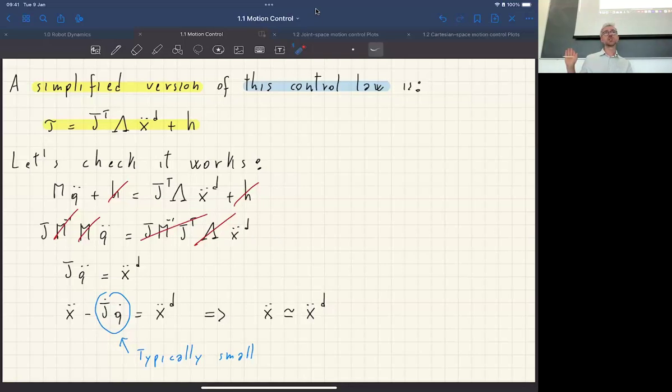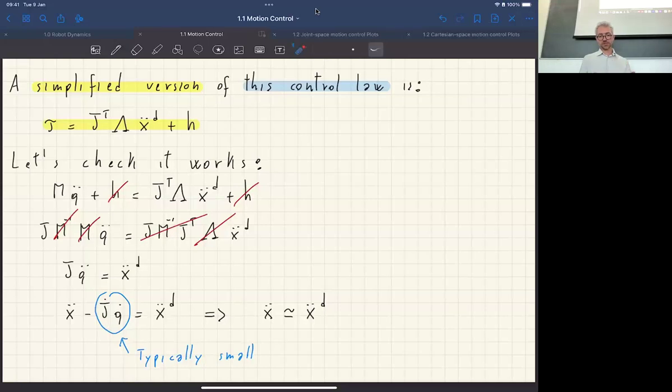Okay, a bit less than before, but still many. Redundancy is a property of a robot which has more degrees of freedom than it actually needs to complete the task that you're trying to achieve.